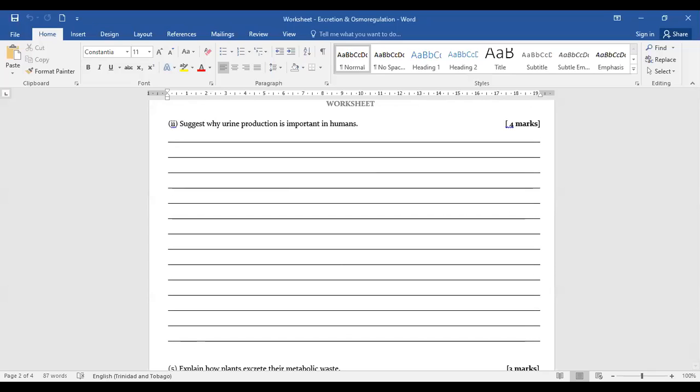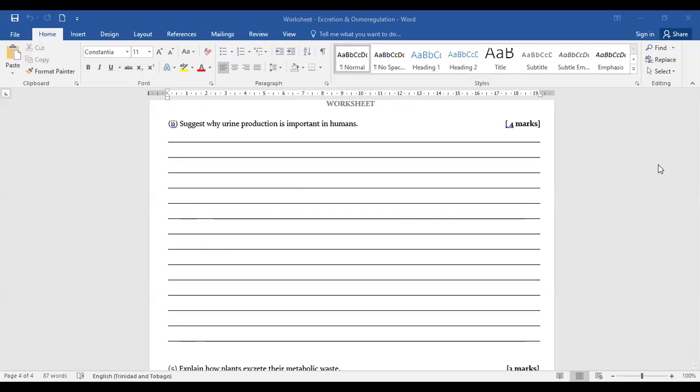All right, next question. Suggest why urine production is important. Why is it important to produce urine? Precisely, to filter the blood, get rid of toxins so there won't be a buildup.